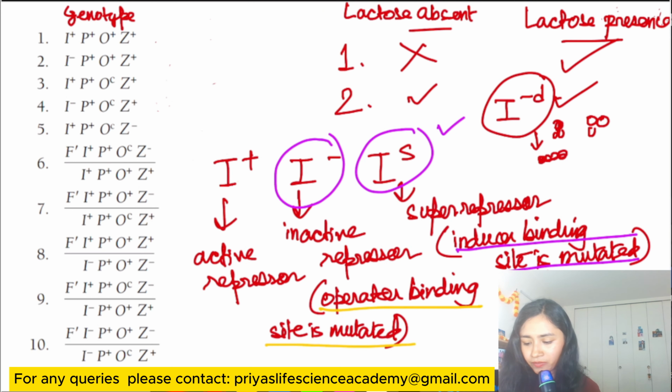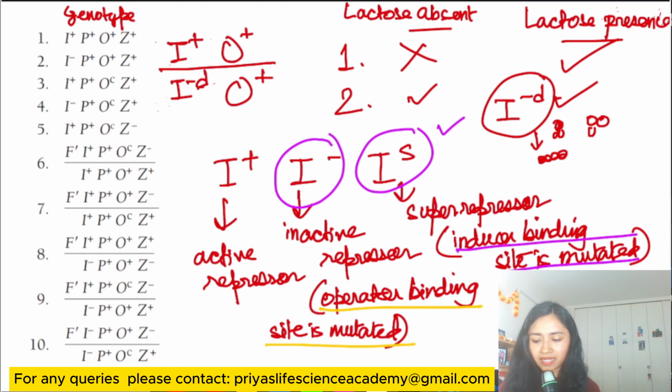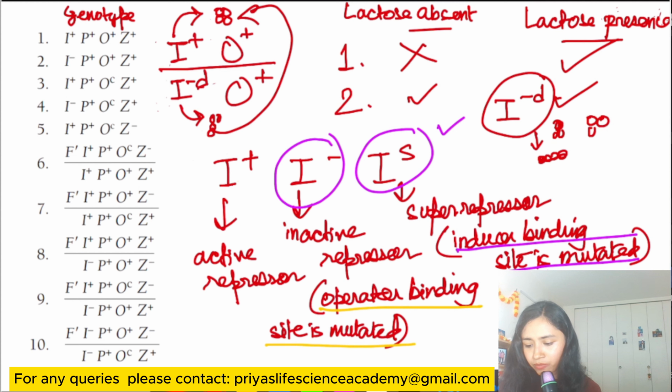Okay, so if there is a partial diploid, where here is I plus and I minus D, and here is O plus, the I plus can't function well. The I plus can produce the active repressor, but the I minus D produces inactive repressor, and the inactive part can block the repressors produced by the I plus.